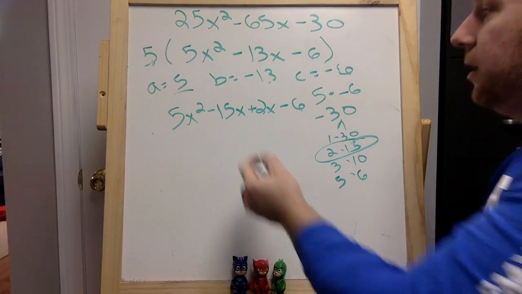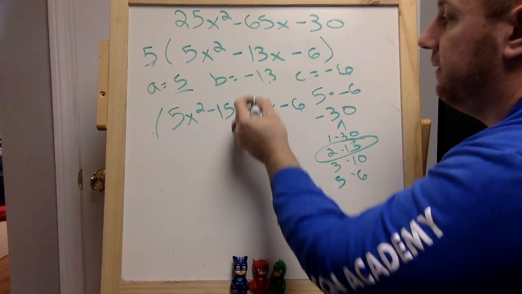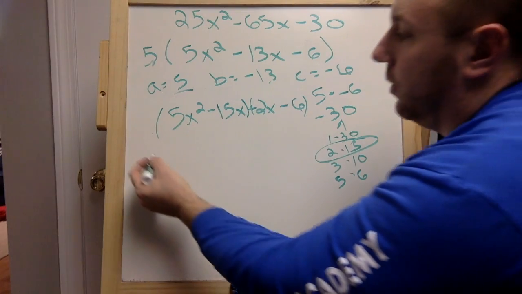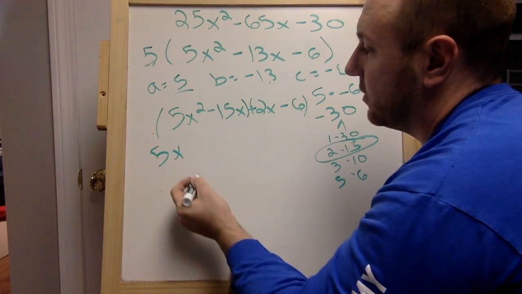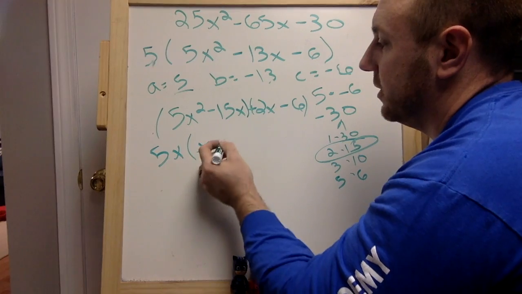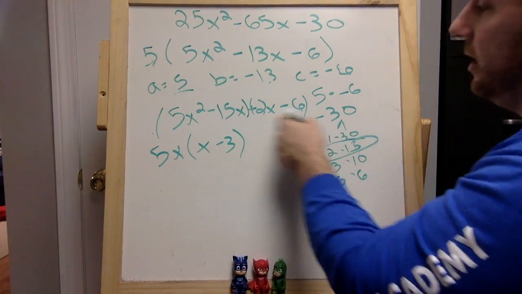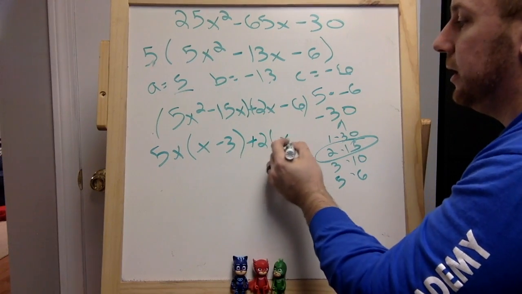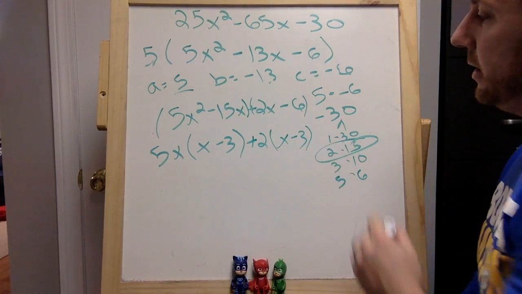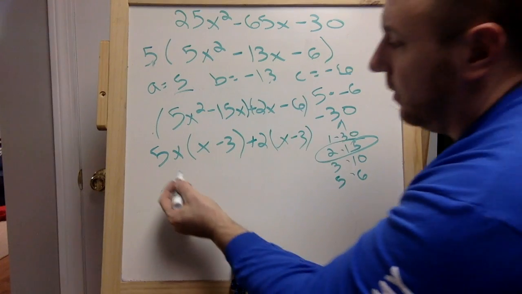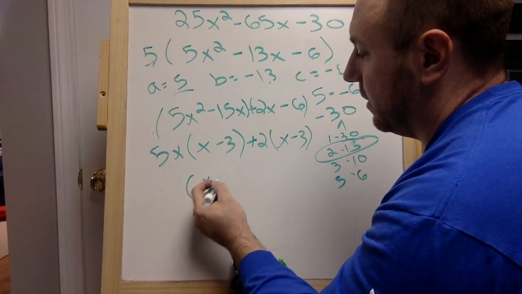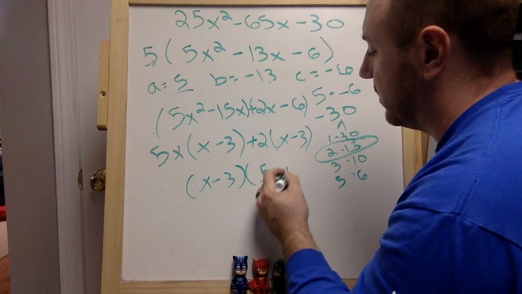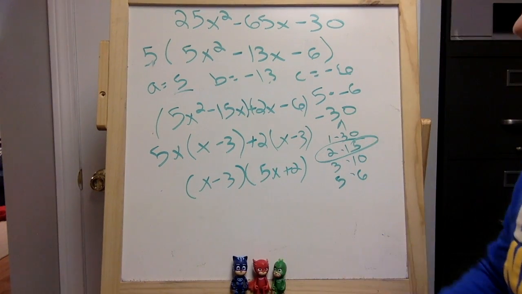And now I can factor by grouping. I put those together because I could factor out a 5x, so I'm left with this. And then if you notice here, they're both divisible by 2, and I have x minus 3. Now I can combine that to x minus 3 and 5x plus 2.